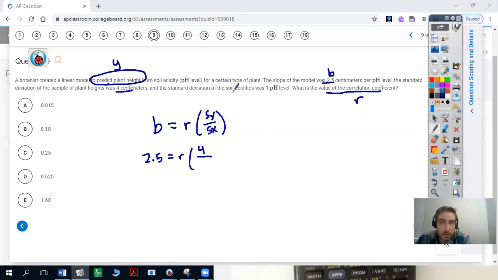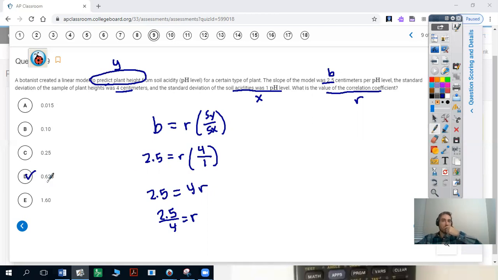And the standard deviation of soil acidities, that's your X, so that's 1. And so 2.5 equals 4 times R. So 2.5 divided by 4 equals R, which is 5 out of 8, so that should give you 0.625. That's your R value.